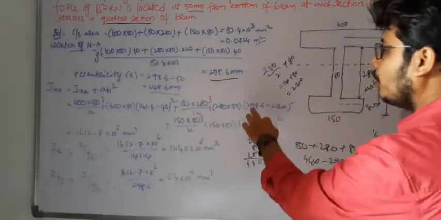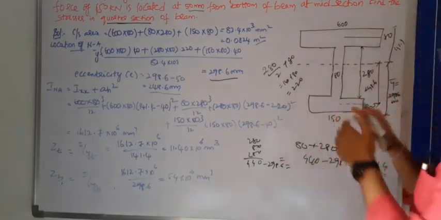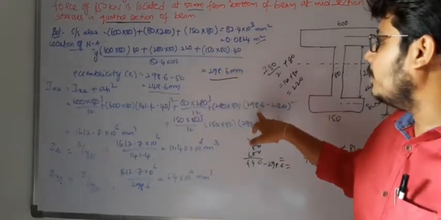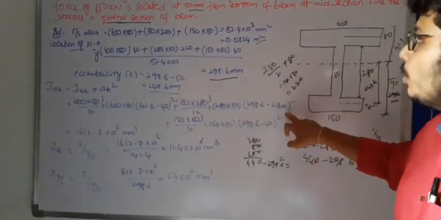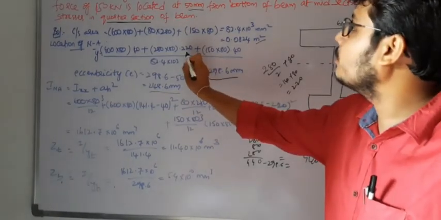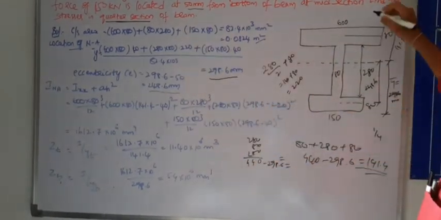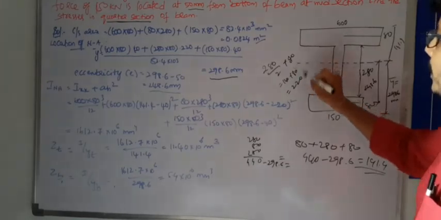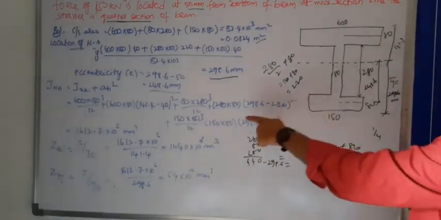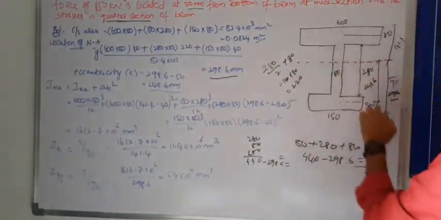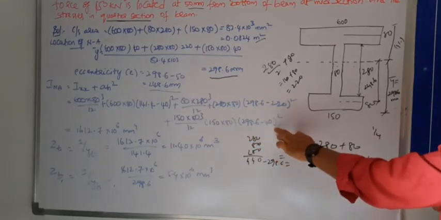Next, below the neutral axis, we can directly take 298.6 minus 220. How do we get 220? Same as before: 280 by 2 plus 80, so 220 squared. Next, 298.6 minus 40.